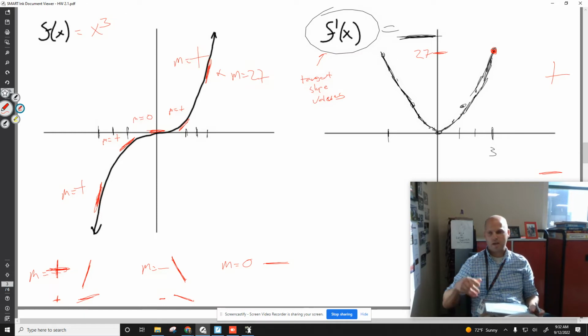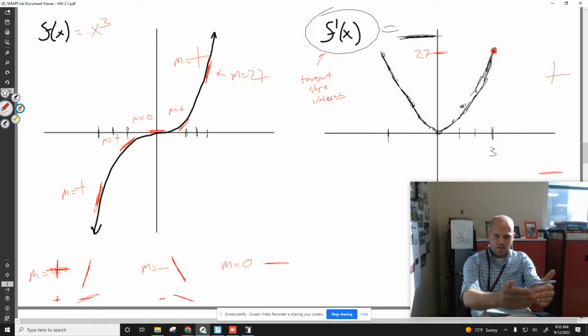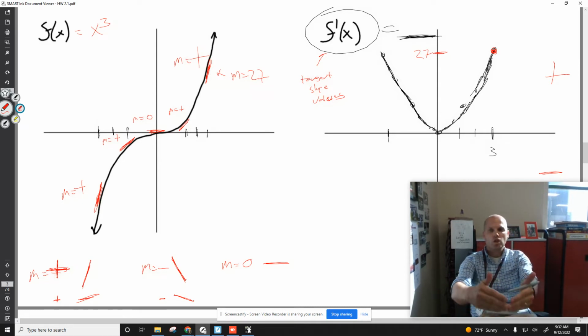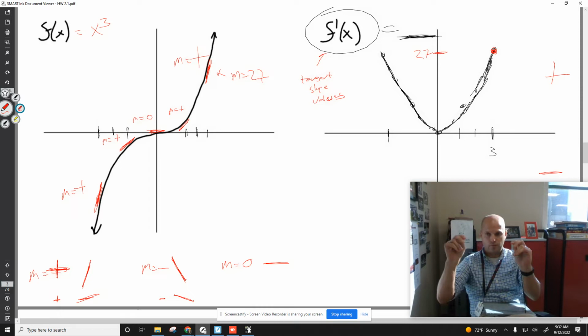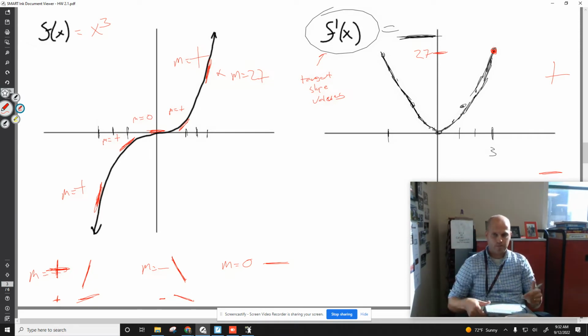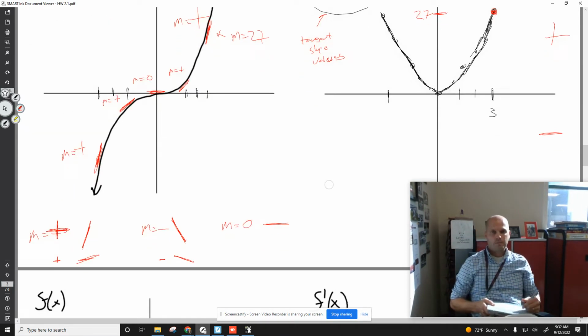This is how we're changing our whole thoughts with math. To analyze a function, we're not going to look at the function. We're going to look at its derivative function, its tangent slope equation. So, very important: the y's of f prime give you the slopes of f.